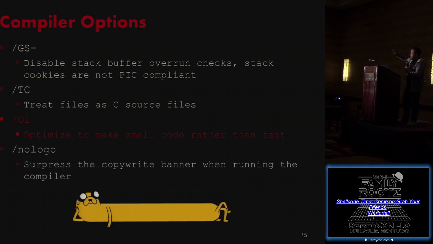So this O1 option tells Visual Studio to make your code smaller. If you're using big strings, Visual Studio will start saying, I'm going to use media registers for this, and actually starts to make mistakes. So be careful with that one depending on what you're doing. However, all of these definitely help to create a small, tightly packed piece of shellcode.